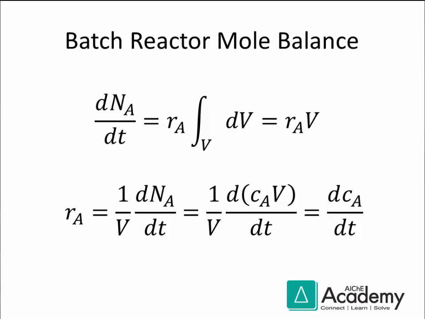And if the time derivative is positive, A is appearing. Note that this is not the definition of the rate of the reaction. It is a consequence of the simplifications we have made to our mole balance, and it will not be true in other reactor configurations. But as this equation shows, to get the rate of the reaction at any given time from our batch reactor experiment, we need the time derivative of the concentration of A, dC_A/dt.